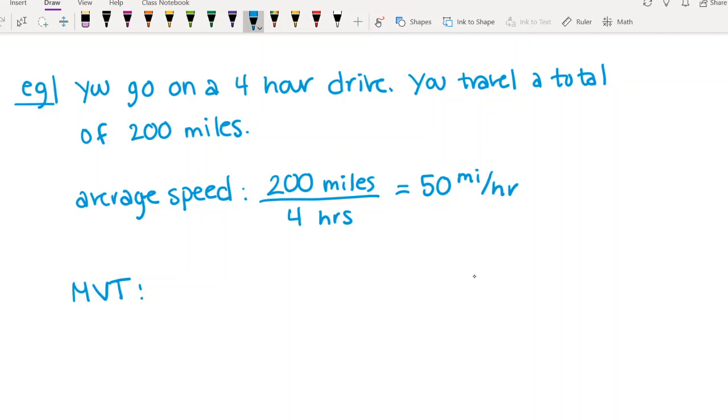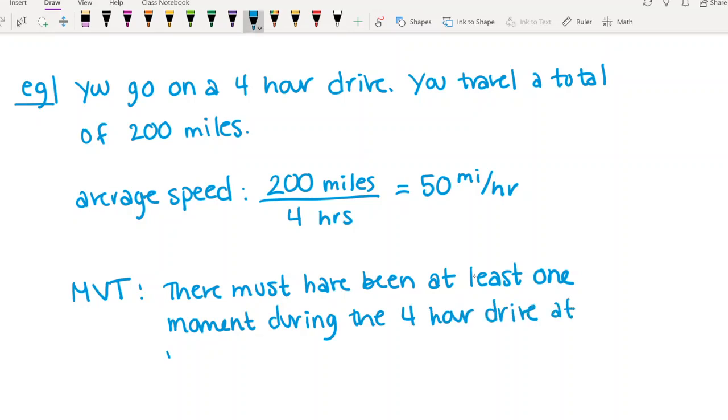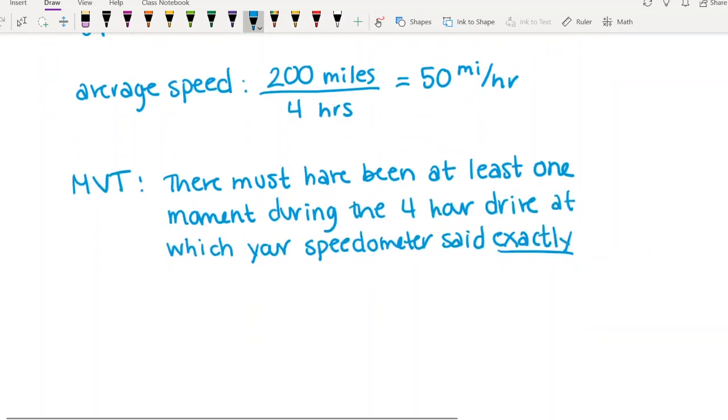So the mean value theorem in this situation would tell you that there must have been at least one moment during the 4-hour drive at which your speedometer said exactly 50 miles an hour.